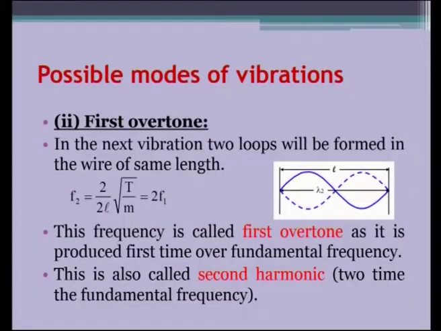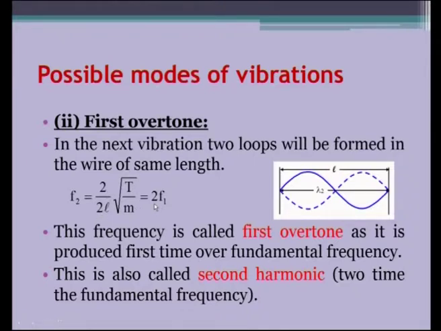Now, what is the next mode of vibration? Let us look at the diagram and understand it. In the next vibration, two loops will be formed in the wire of the same length. This is denoted as the frequency F2, the number of loops is 2, and the remaining terms are the same.